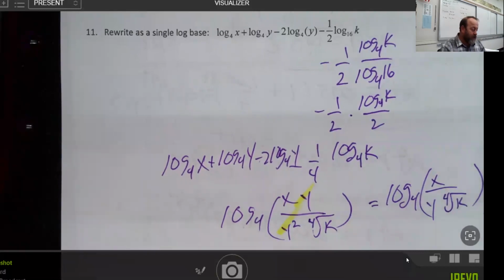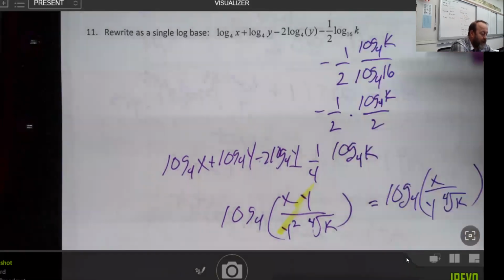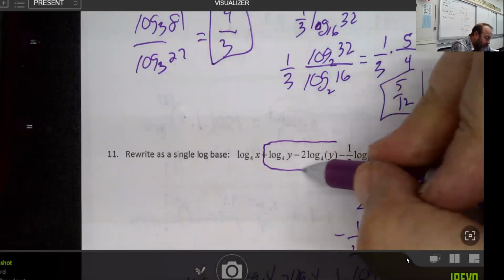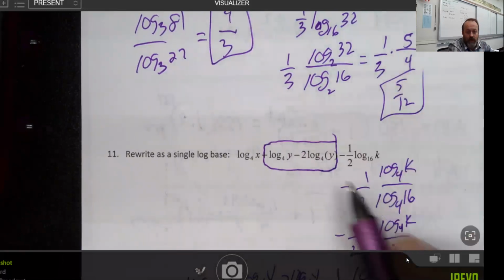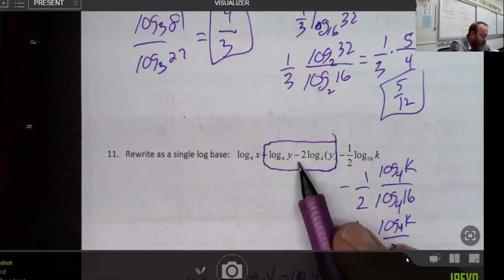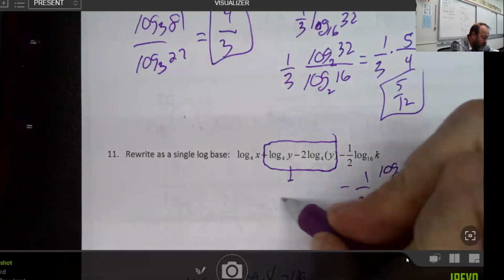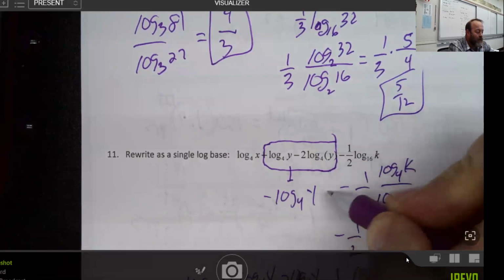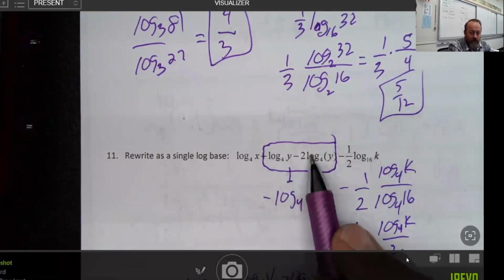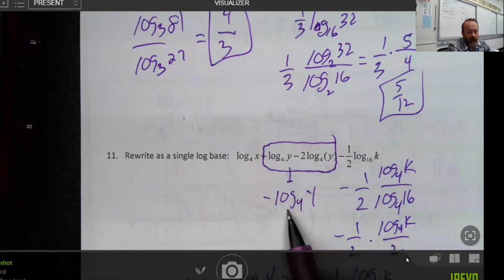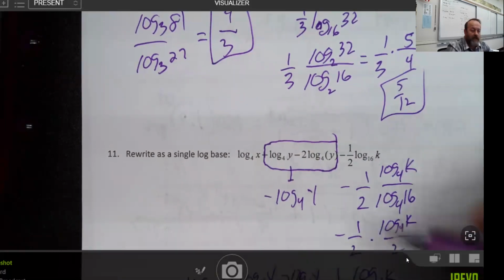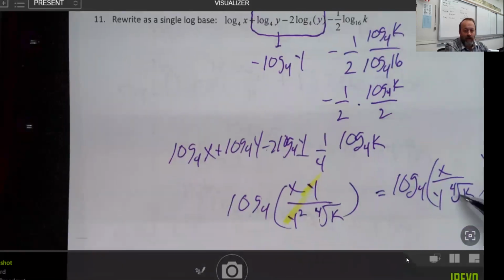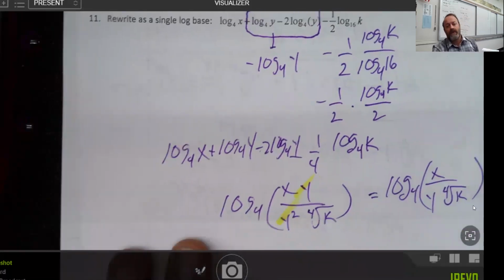And if we had been watching for it, we would have seen right up here that if you have 1 of something, and then you take 2 of those same things away, you could have combined those like terms to call this negative log base 4 of y, because I have 1 of something minus 2 of those same things. So we could have done that and been able to skip straight to this last step without needing to simplify in the logarithm, but there was nothing wrong with doing that.